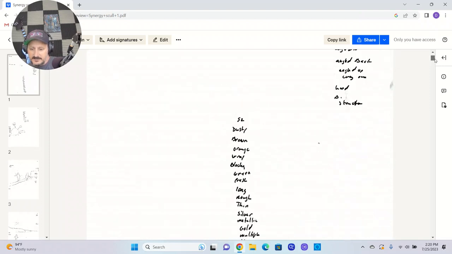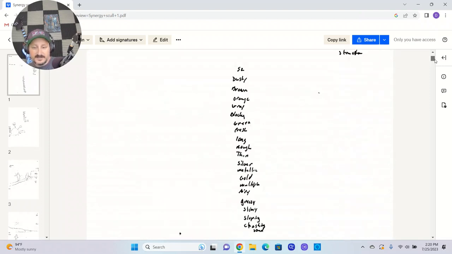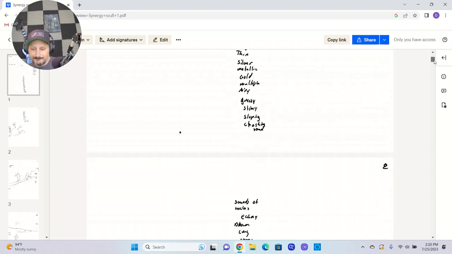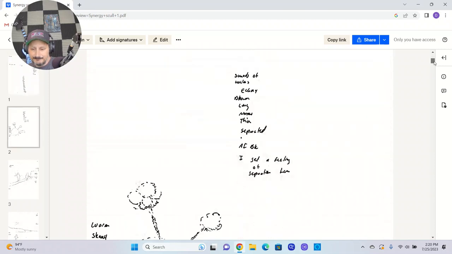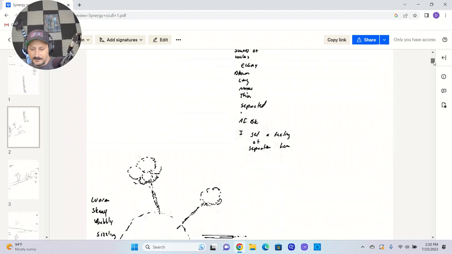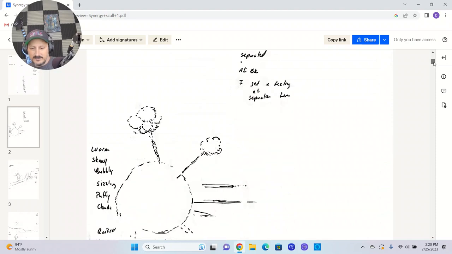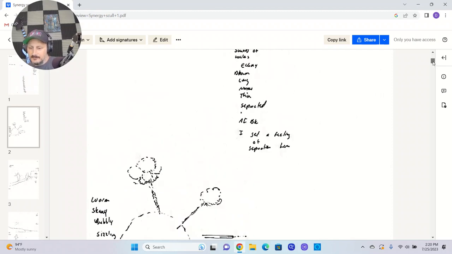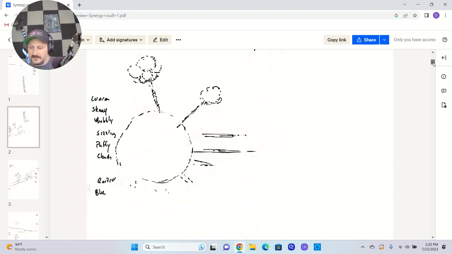So I get a structure. It's an ideogram. I break. I feel a separation. So right away I'm getting this round object.